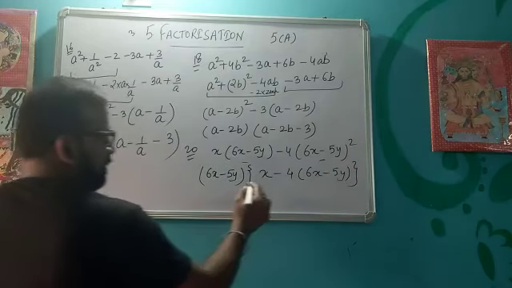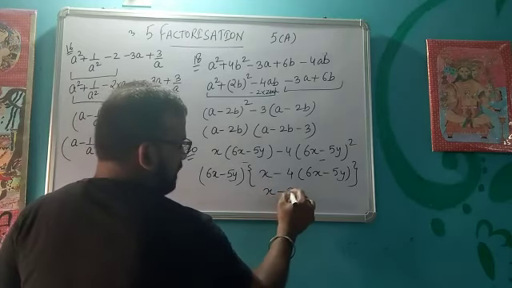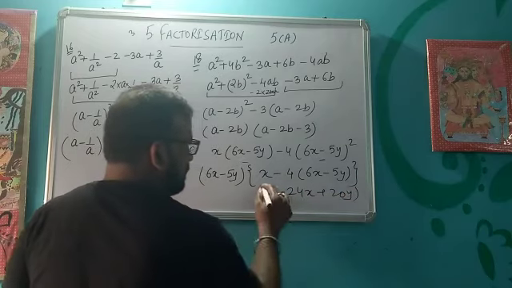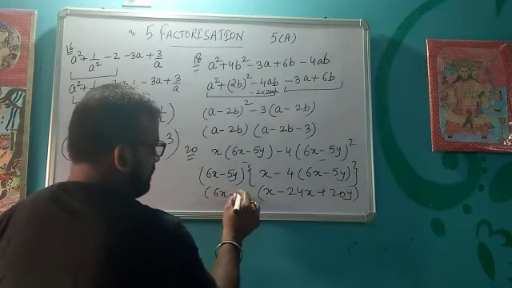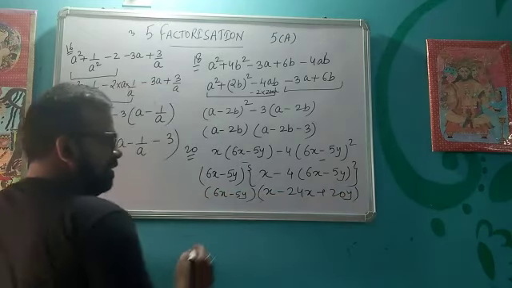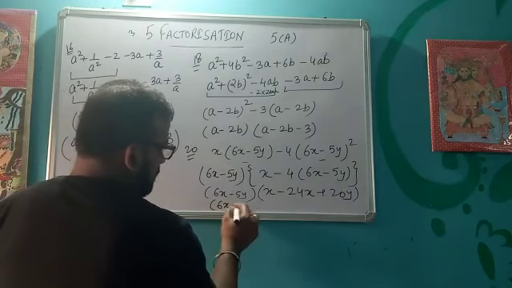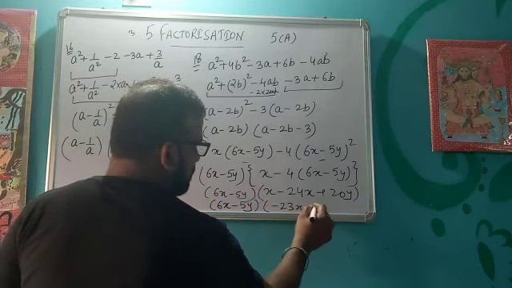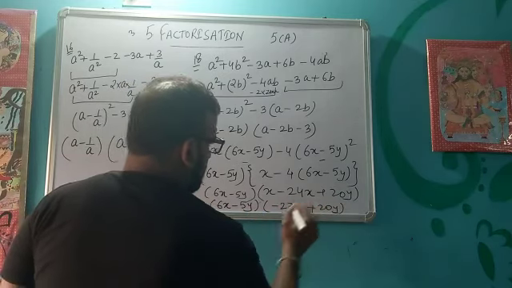So let's solve it further. x minus 24x plus 20y, 6x minus 5y. So finally 6x minus 5y into minus 23x plus 20y.